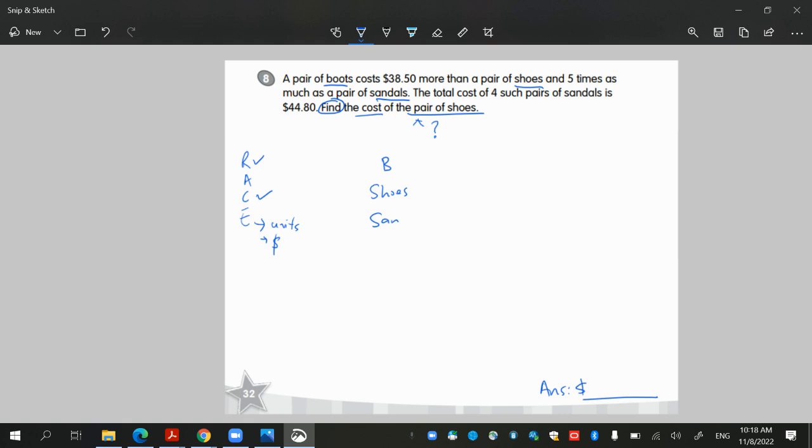Starting with the pair of boots costing more than the pair of shoes. Let's say the boots is the long one and the shoes is a shorter bar. That's between the boots and the shoes.